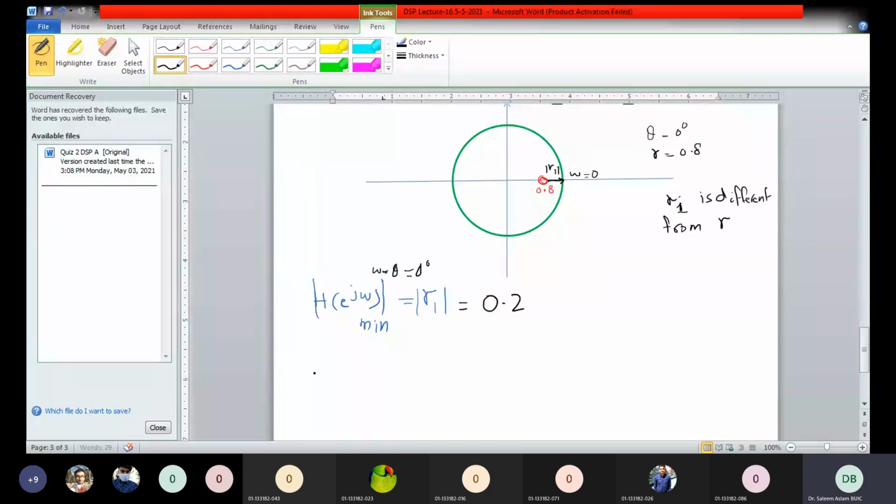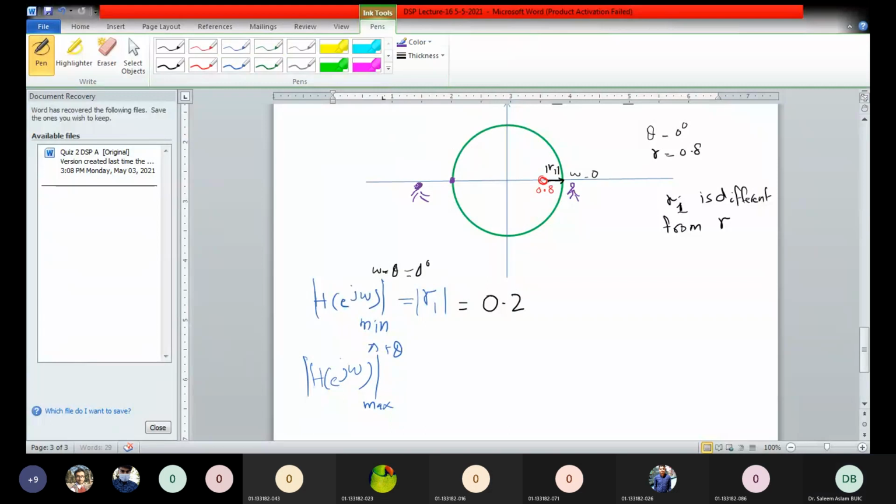What about the maximum value? We know that this function would have maximum value at pi plus theta. Maximum. And this is pi plus theta. And what is pi plus theta point? This is point, this one. So now you are moving from omega is equal to 0 to omega is equal to pi plus theta.